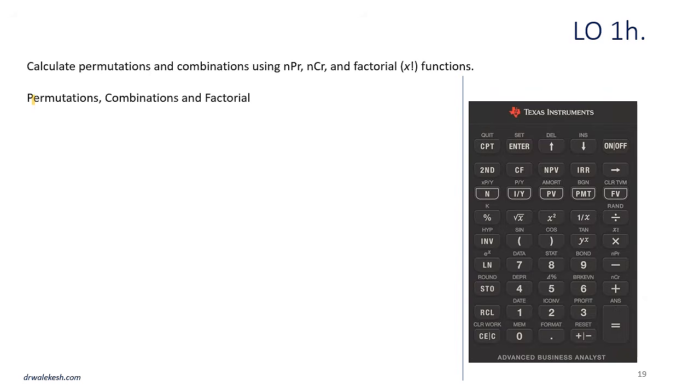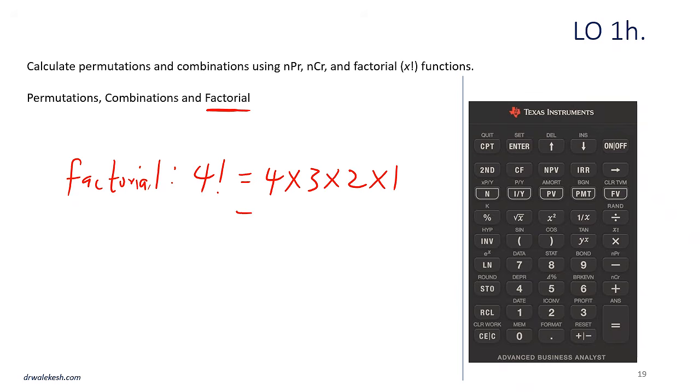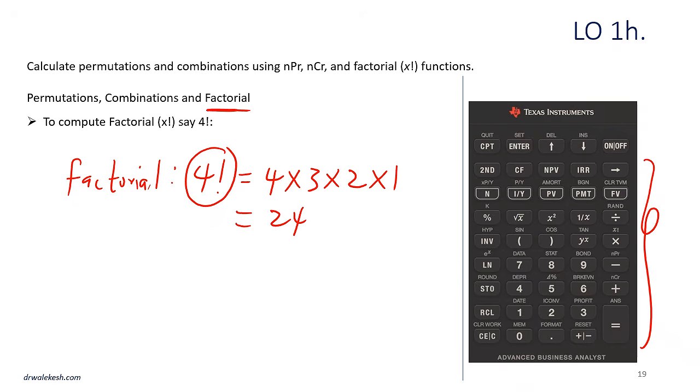Let us get started with permutations, combinations, and factorial. I will be starting with factorial. Four factorial is 4 times 3 times 2 times 1, and that is 24. But here we are interested in how to use our financial calculator to solve for 4 factorial.